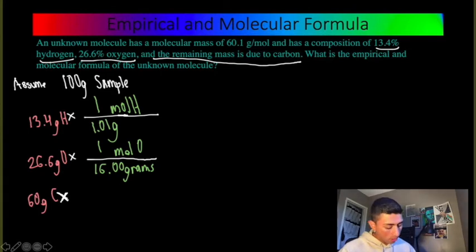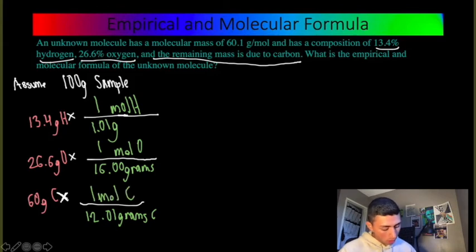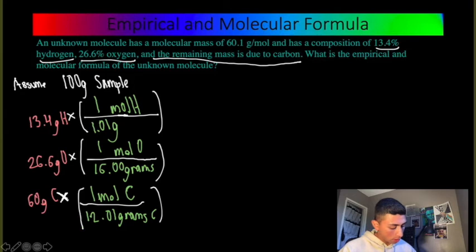And finally, we have carbon. For every 12.01 grams of carbon, you have 1 mole of carbon. Now, the next step is just to calculate each of these, and remember our answer is going to be in moles, because we are essentially just converting to moles.